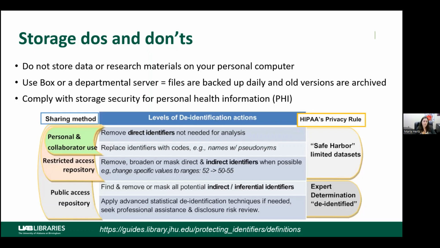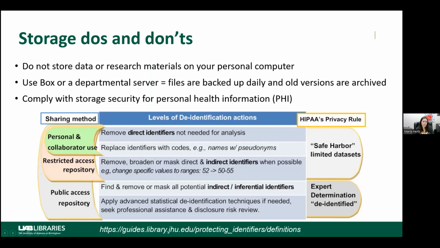The other thing you need to think about with storage is complying with the security necessary for PHI. When you're working with any kind of sensitive health information, or just sensitive information in general, you need to follow your IRB protocol and de-identify the data accordingly, depending on how you're sharing it.